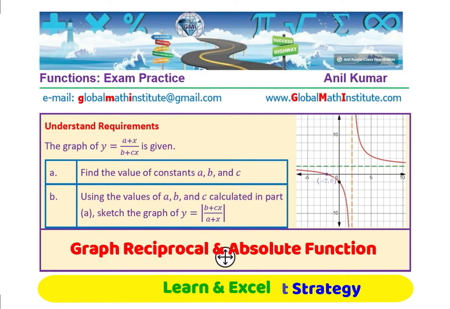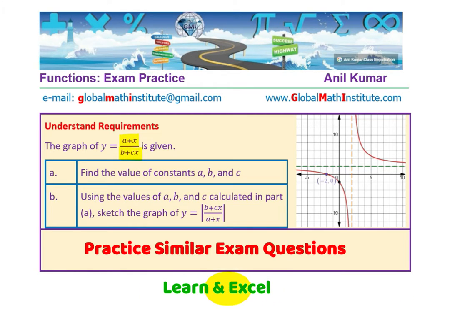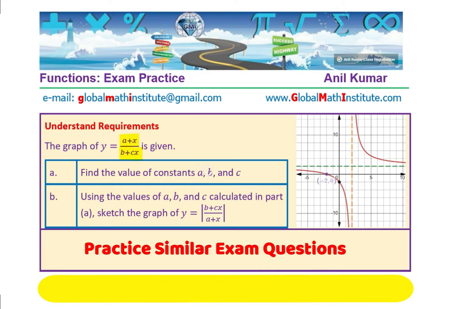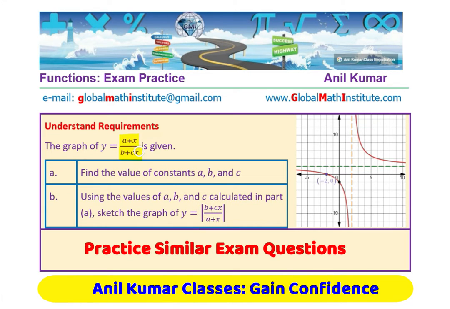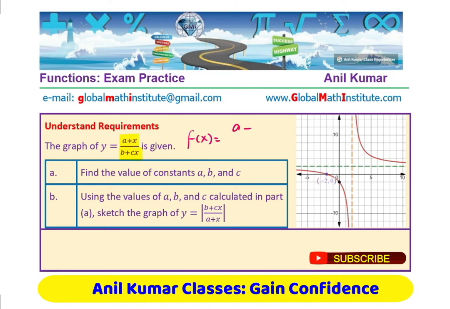First, let us try to understand the question itself. We are given the graph of a rational function, a plus x over b plus cx. We need to find the values of a, b and c. But later, do you see the function with absolute value? It is actually a reciprocal of this function. Let us say f of x is given to us as a plus x over b plus cx.